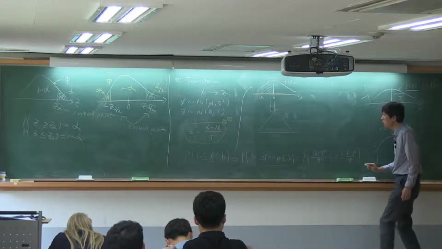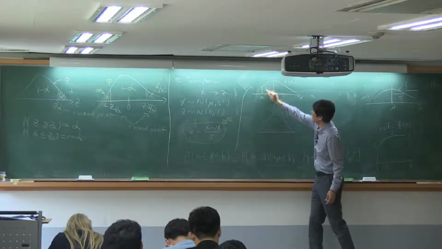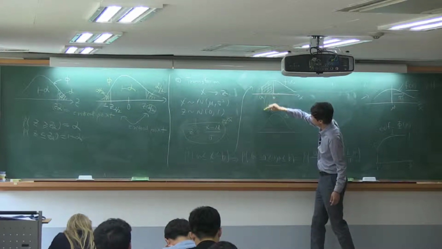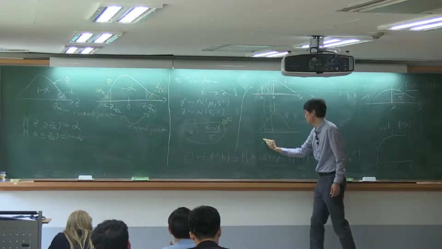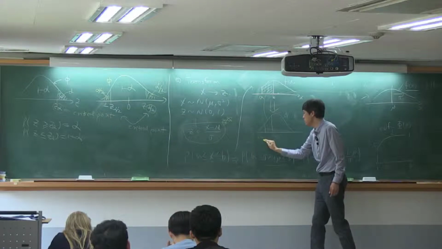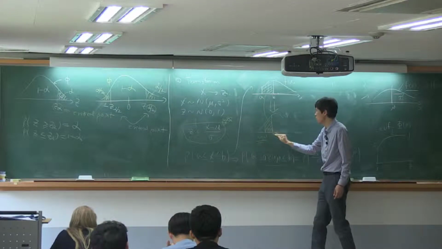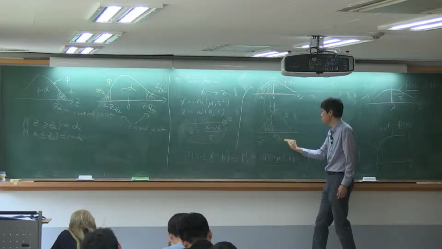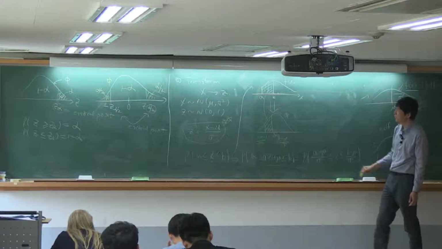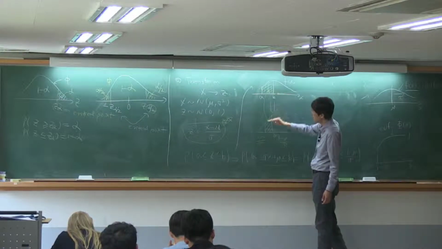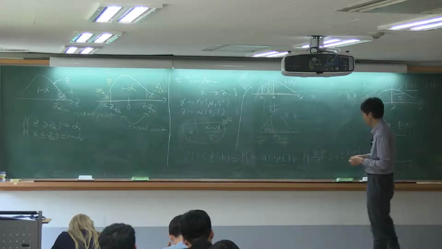So the area between a and b is the same as the area from a minus mu over sigma to b minus mu over sigma. The probability is the same.